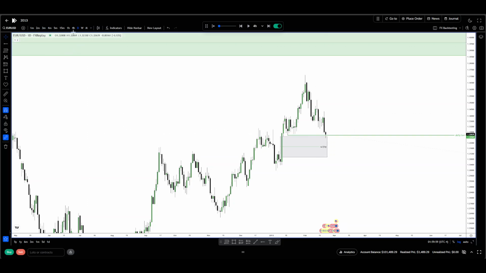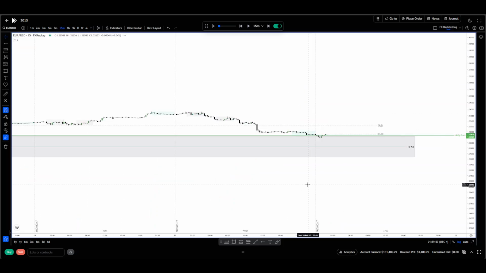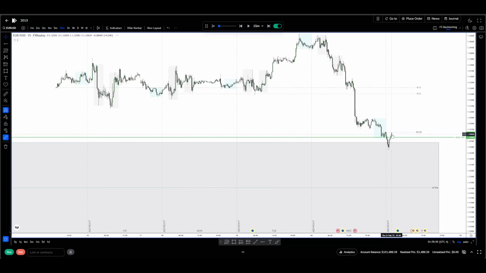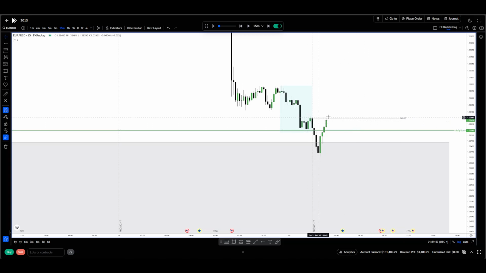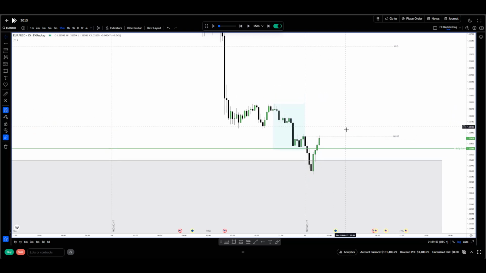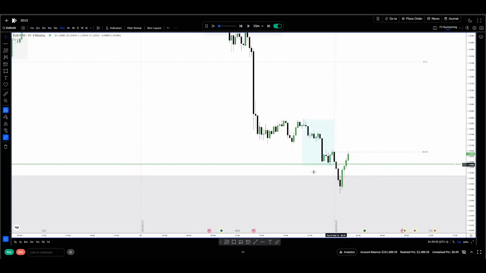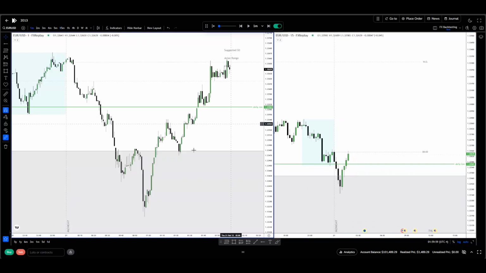So now we can consolidate. So let's see what price wants to do. Okay, so here if we break this high, this means a shift in the market structure, which can potentially lead to a reversal. So let's see what will happen.